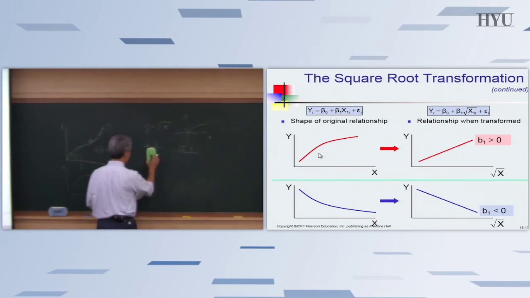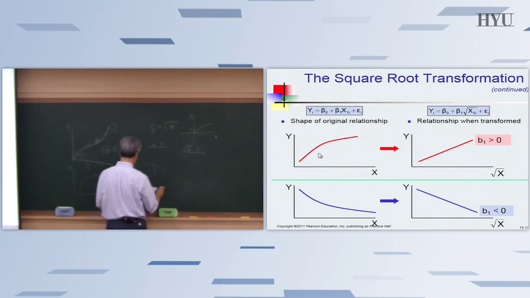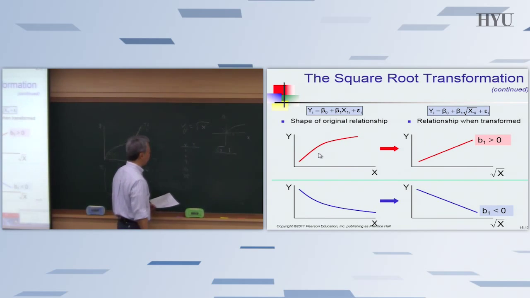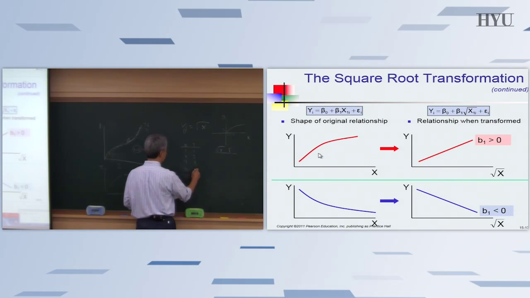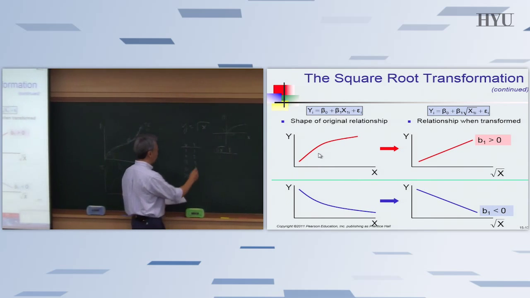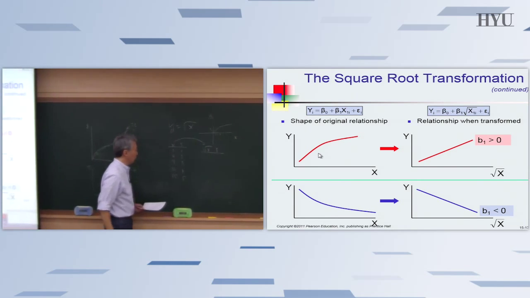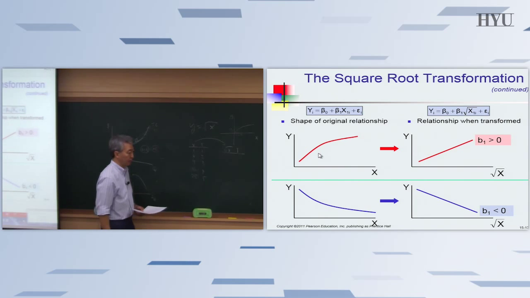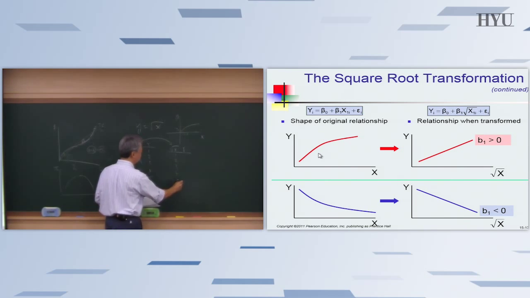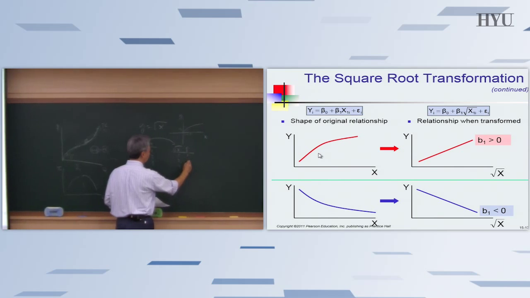To make it simple, I'll go 1, 4, 9, 16, 25, then y will be 1, 2, 3, 4, 5. Then if you transform x to the square root of x, what's going to be the relationship? It's going to be 1, 2, 3, 4, 5, and y will be 1, 2, 3, 4, 5.